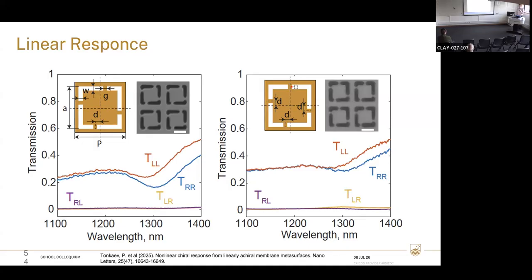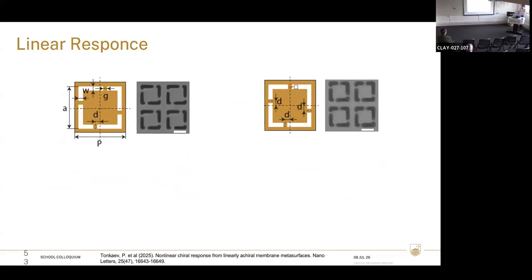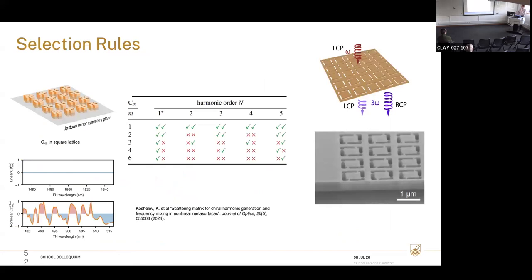First we measure the linear transmission. Ideally, we expect the copolarized components to be strictly equal to each other, but because of some fabrication issues, it's not a fully free-standing membrane; there is some gap between the membrane and the substrate.